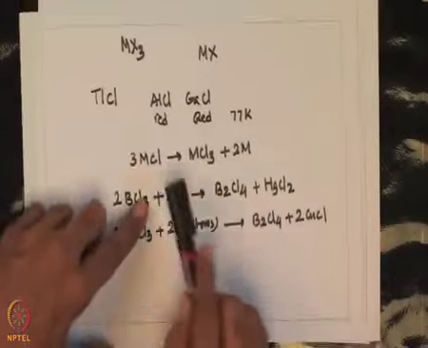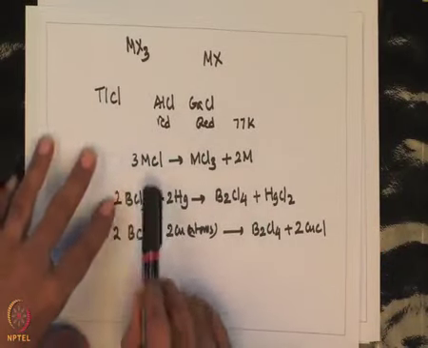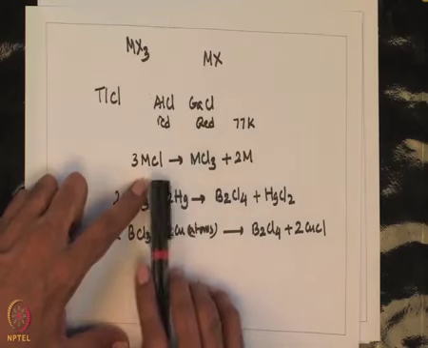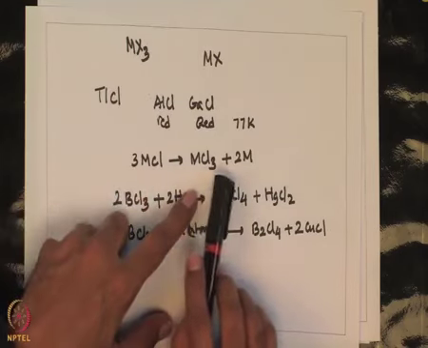When some atoms of the same element are oxidized and some others are reduced in the same reaction, it is described as a disproportionation reaction. For example, in the case of the one I showed you here, since it is unstable, it readily undergoes disproportionation to form MCl3 plus 2M.